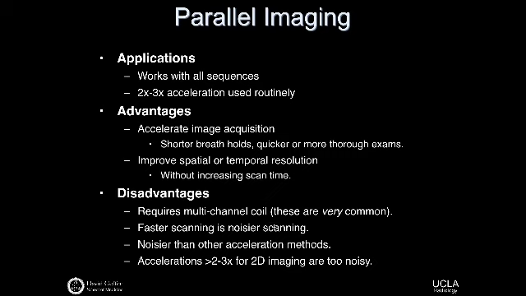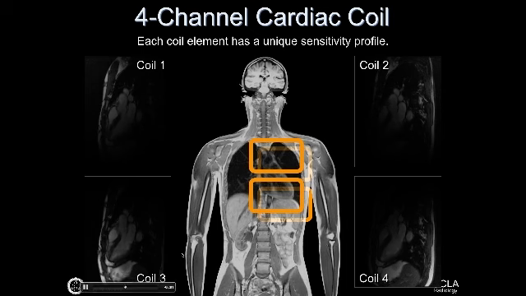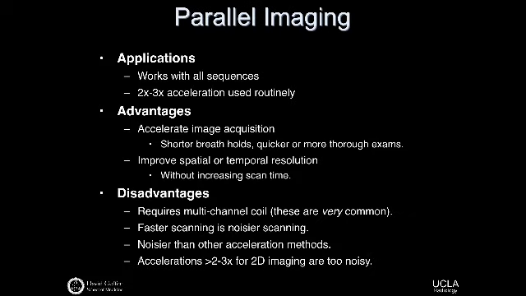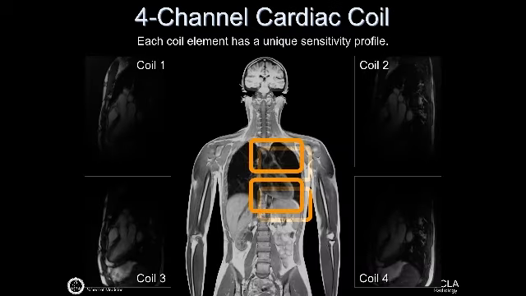So yes, we want to go faster, but there are limits because eventually the noise will take over. And in some sense, and I'll show you how, parallel imaging can contribute more noise than some of the other acceleration methods. And if we go past accelerations of about 2 or 3 fold with parallel imaging, it kind of breaks down. It doesn't really have a diagnostic advantage anymore.